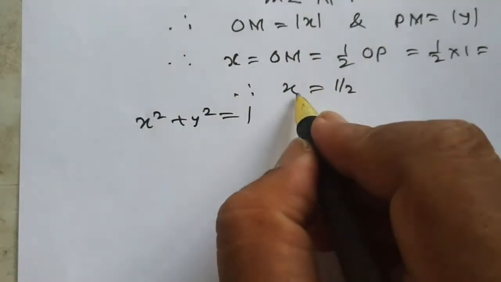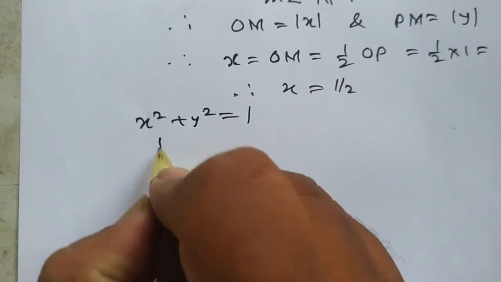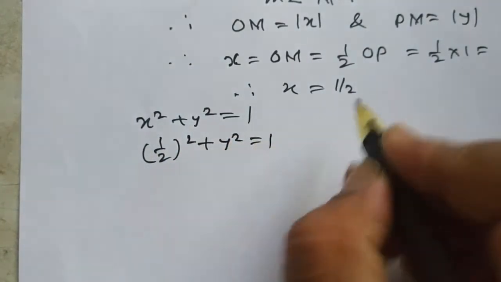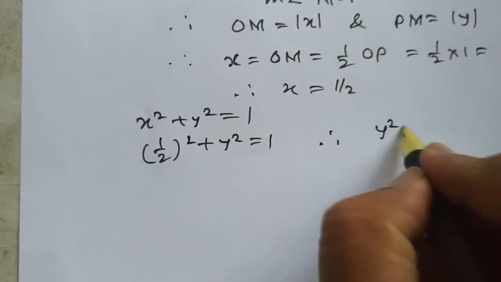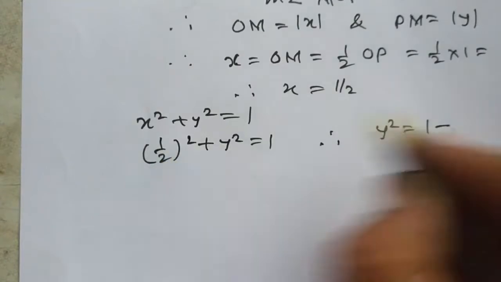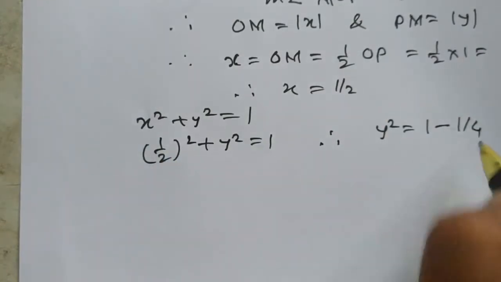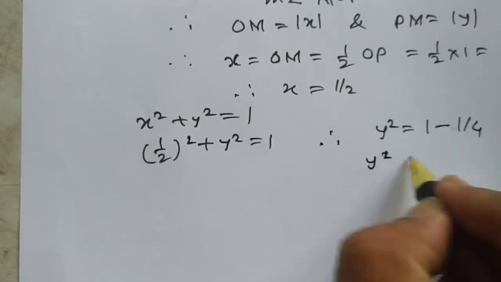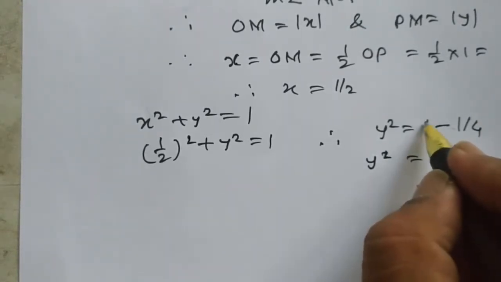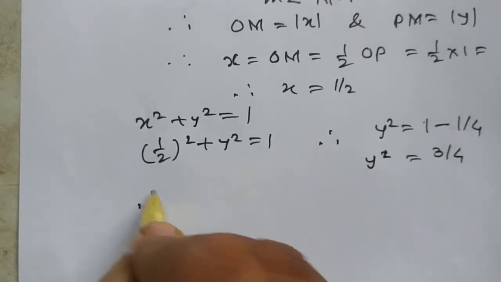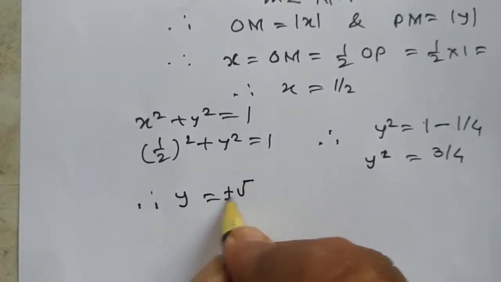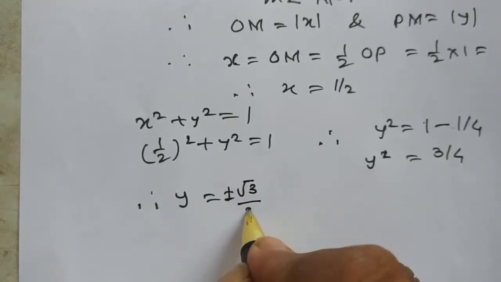Putting the value of x is equal to 1 half, that is (1/2) square plus y square is equal to 1. Therefore, y square is equal to 1 minus 1 by 4. LCM is 4. 4 minus 1 is 3. y square is equal to 3 by 4. Therefore, taking square root, y is equal to plus or minus root 3 upon 2.